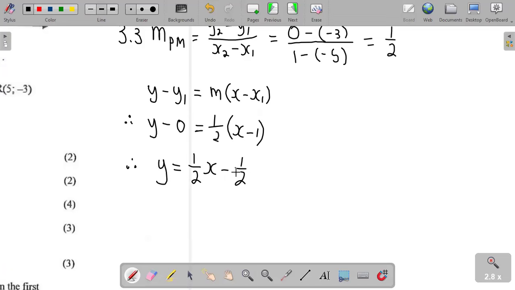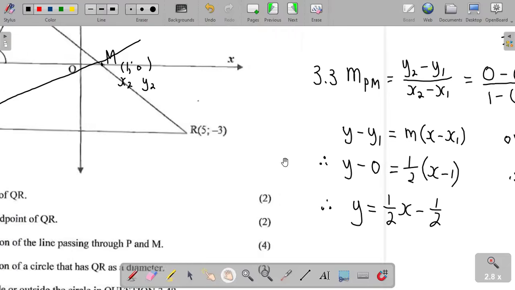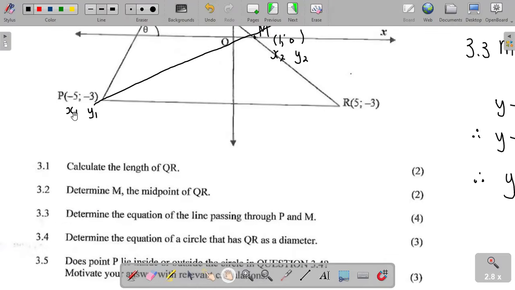Or you could use the other values as well, you could use the values for P. We could do the same thing, y minus y1 equals m into x minus x1. So instead of using M, we could use P here.